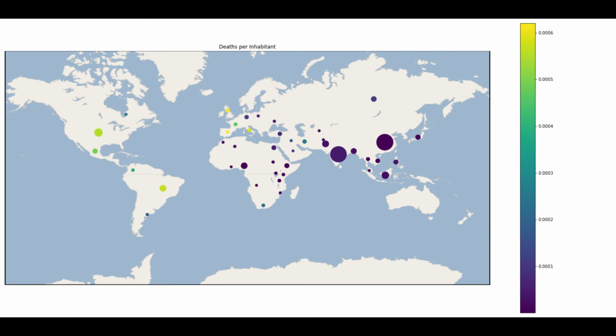And what we see here basically is that Eastern Europe, Asia, and Africa are relatively low. And you see it going up a bit somewhere like Iran and Iraq.